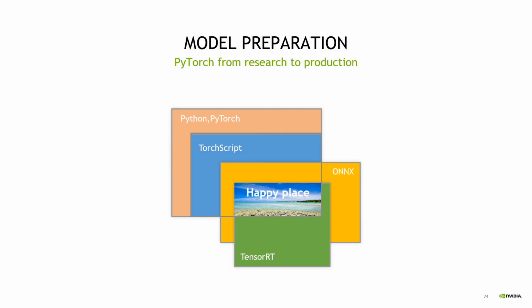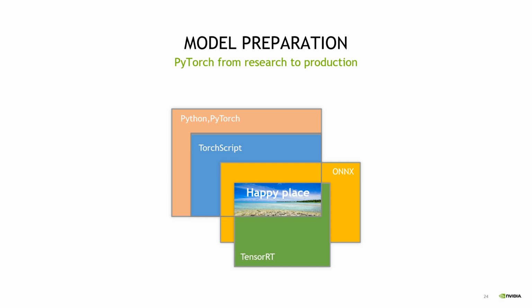So the general problem we are facing here is that the different frameworks and representations have different sets of instructions or functionality that they provide. So it might happen that, for example, we use some layer in the Python or PyTorch model, but it is not supported by either ONNX or TensorRT.